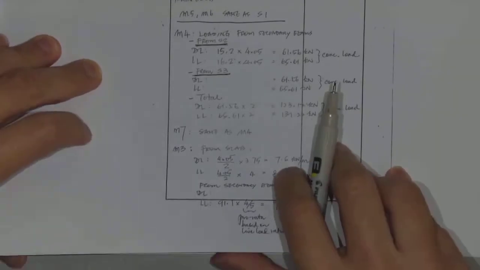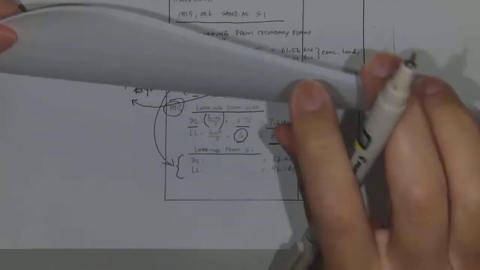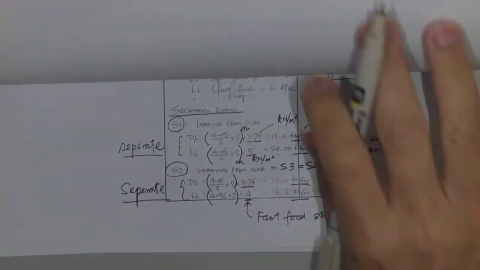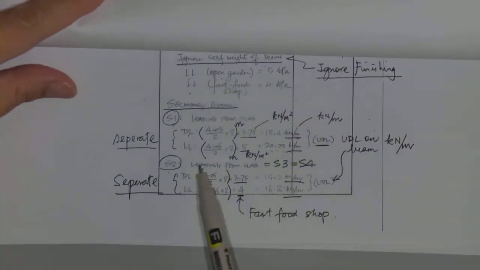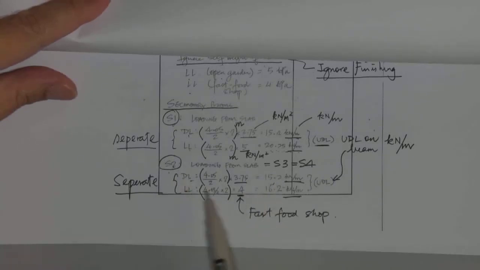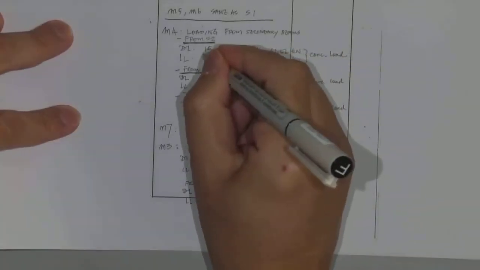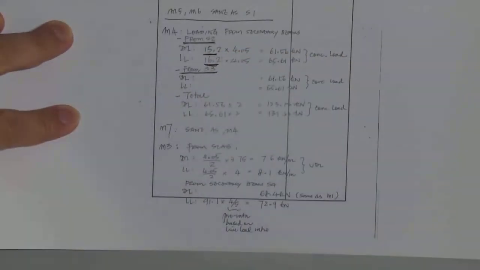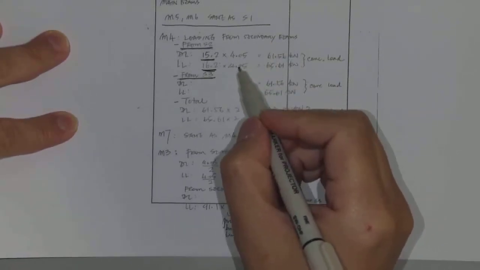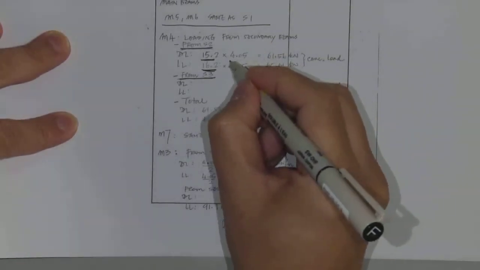So what's the loading on S2? So you go back to page 1. Page 1. S2 dead load, S2 live load. Something dB, something dB, multiplied by the total length divided by 2, that's 4.05.